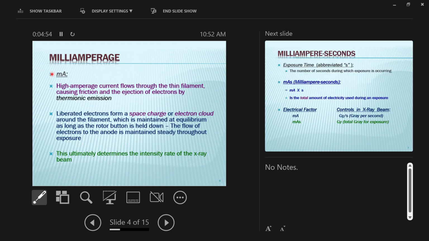So, milliamperage. High amperage current flows through a thin filament in an X-ray tube, the cathode, if you remember those terms, causing friction in the cathode and ejecting the electrons into the space around the cathode. It's similar to when an incandescent filament light bulb lights up, okay? Similar, but a little different.